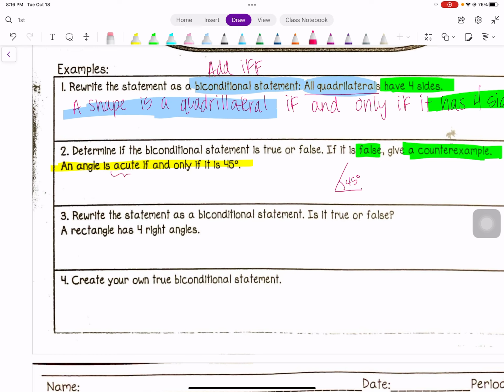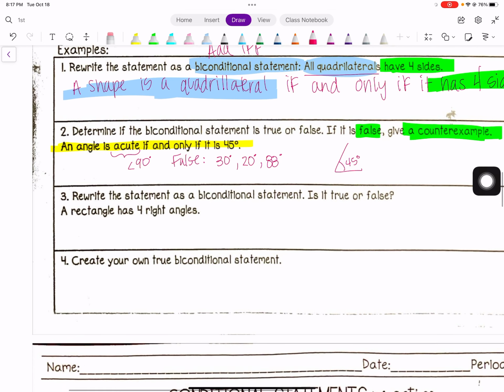But if you know that acute is anything less than 90 degrees, we could say this is false, because 30 degrees is a counterexample, or 20, or 88. Anything less than 90 is going to create an acute angle. So this statement is not true.